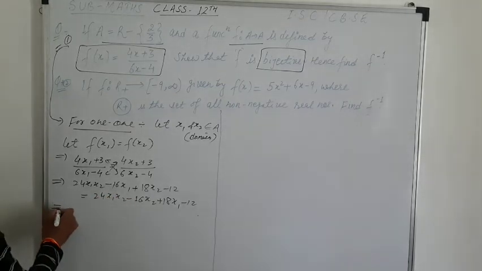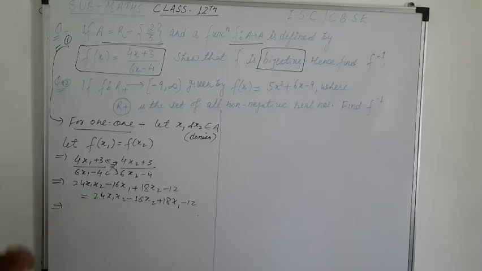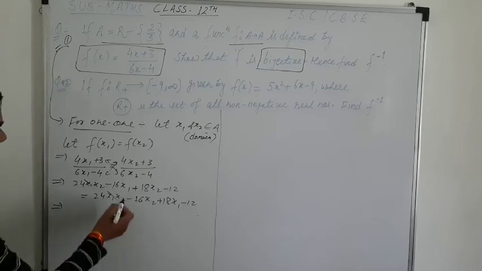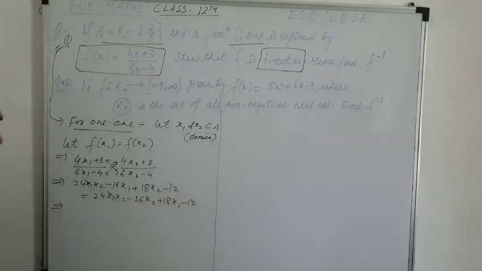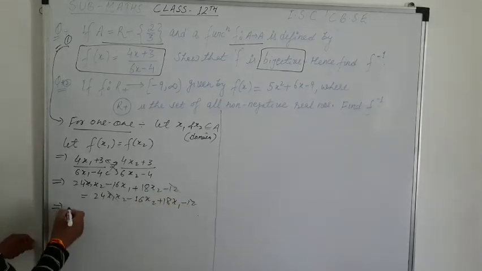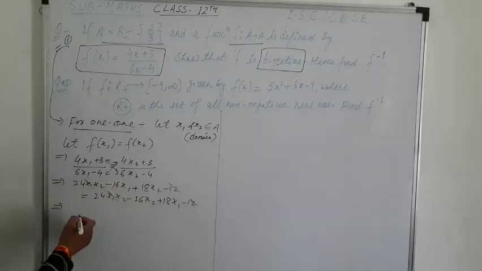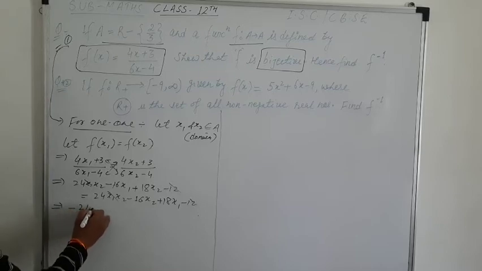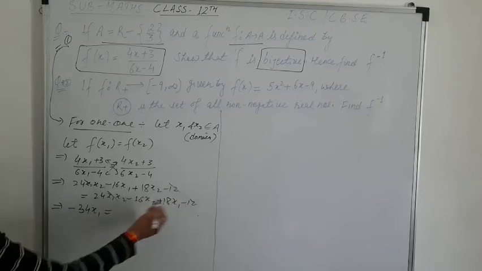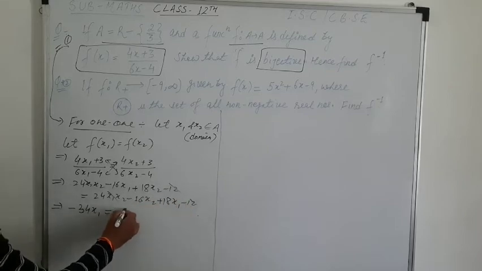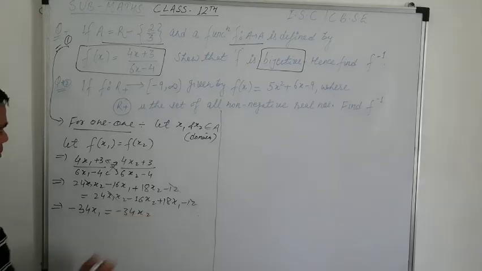After solving this, you can easily see from the left side and right side that 24 x1 x2 will be cancelled out by 24 x1 x2, and minus 12 will be cancelled out by minus 12. After moving terms to the left and right side, you will get minus 34 x1 is equal to minus 34 x2.